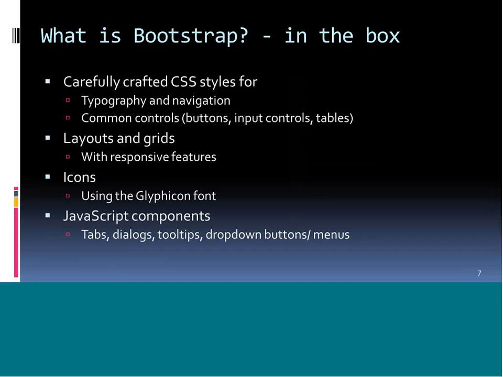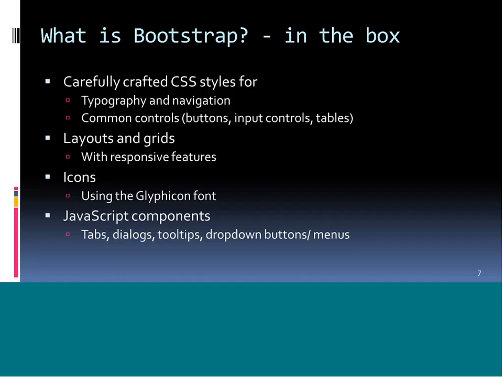So what is Bootstrap? If you download Bootstrap, then this is what you get out of the box. You get a set of carefully crafted CSS styles that you can use for typography and navigation. Bootstrap comes with a default font that looks different than any other font on the web. It has a really specific style to it. It also comes with a set of CSS styles for common controls like buttons, input controls, tables, panels, etc. And it also comes with a layout and grid system.